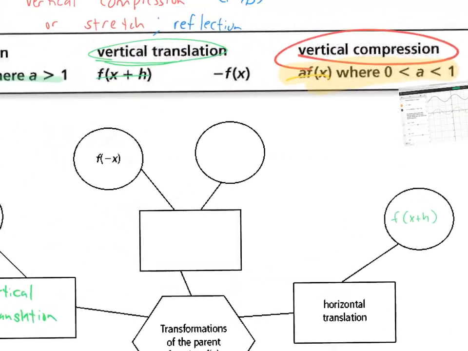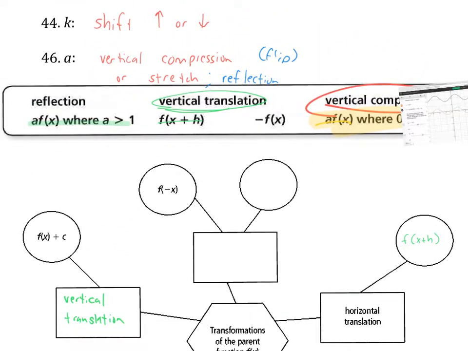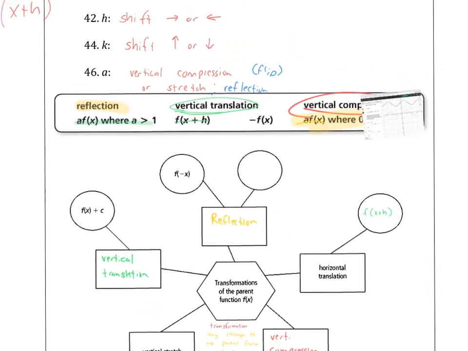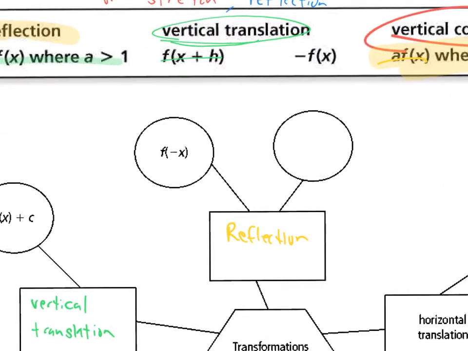All right, the last thing we have is reflections. And that goes here, reflection. And we've got two types of reflections.